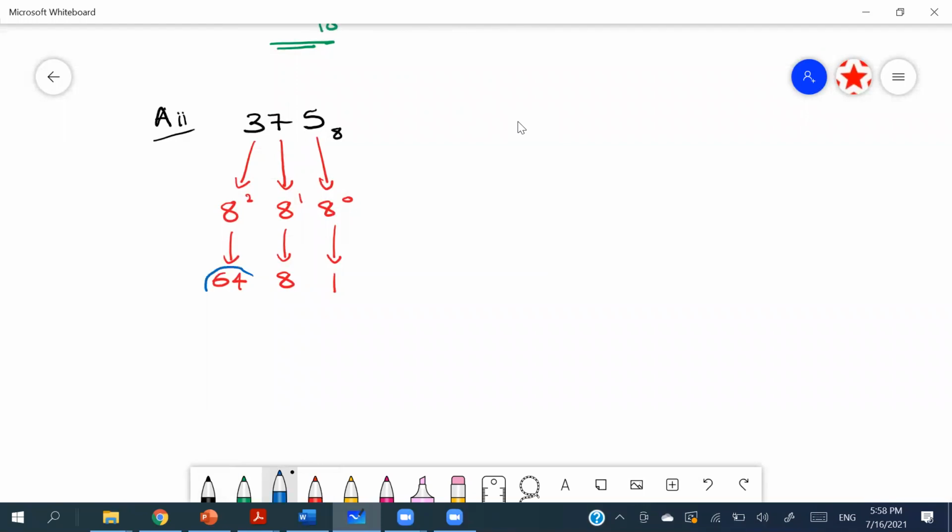Now we are going to consider the place value and multiply it with the corresponding symbol value, right? So this is going to generate 64 into 3 plus 8 into 7 plus 1 into 5, right? So 64 into 3 is equal to 192, plus 8 into 7 is 56, and 1 into 5 is 5.